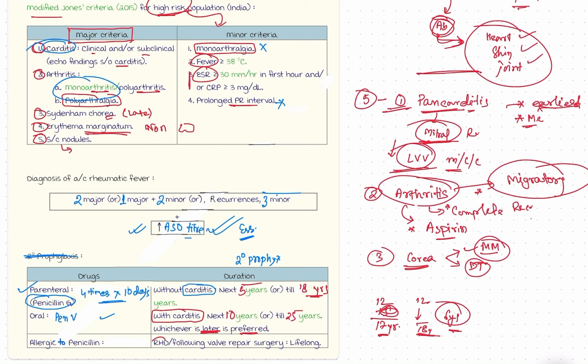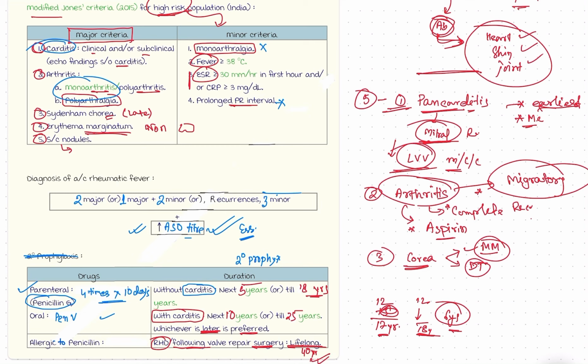And if the patient has established rheumatic heart disease, or has undergone valve replacement surgery, then up to 40 years we consider; ideally I have to give it lifelong, but what is given is 40 years.